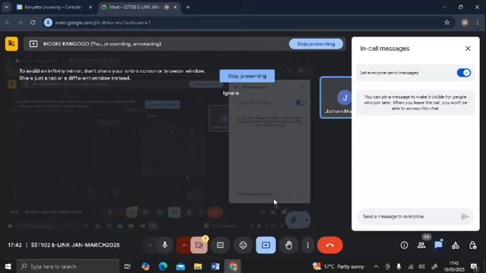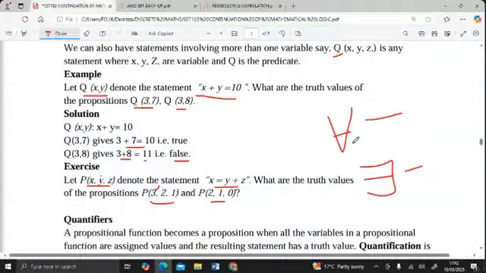Perfect. For all or for every. How about the second one? They exist. Yes, they exist. That is very true. And you notice that those ones are what we call quantifiers. By the way, this one, for all, is what we call the universal quantifier. This one is what we call the existential quantifier.